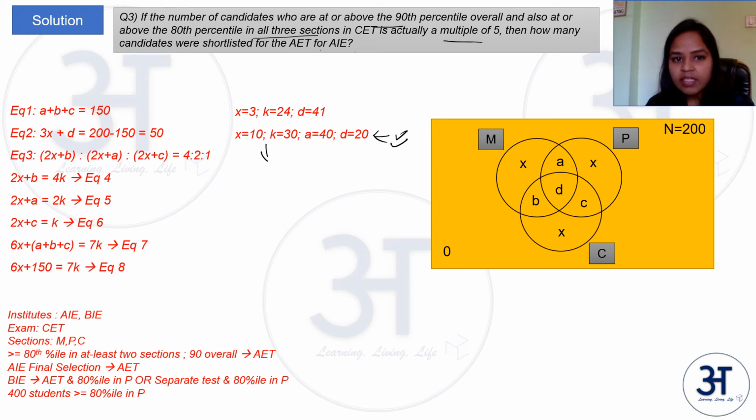So in this case, you have to remember the question, which candidates will get selected for AIE? Those who have greater than or equal to 90th percentile overall, so that is definitely a subset of this, and greater than or equal to 80th percentile in at least 2, so that will be A plus B plus C plus D, right? This.